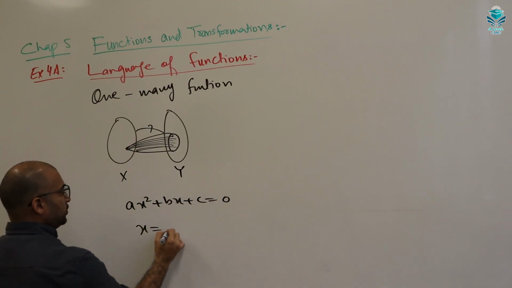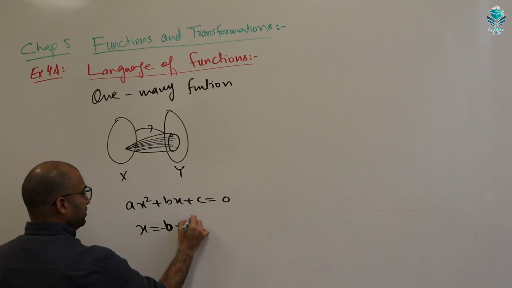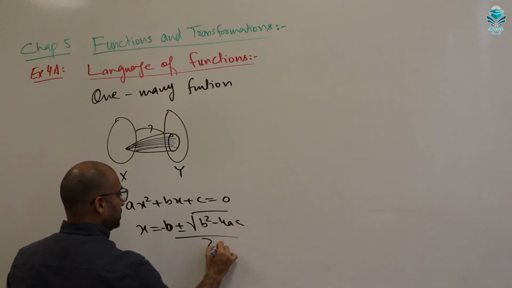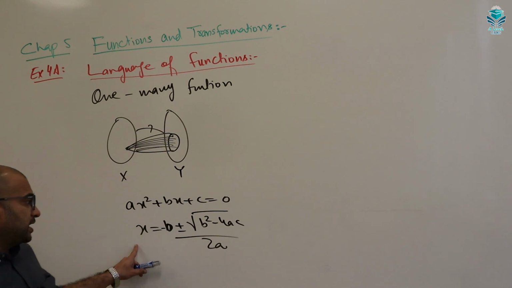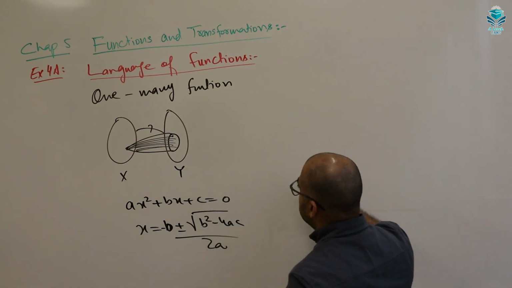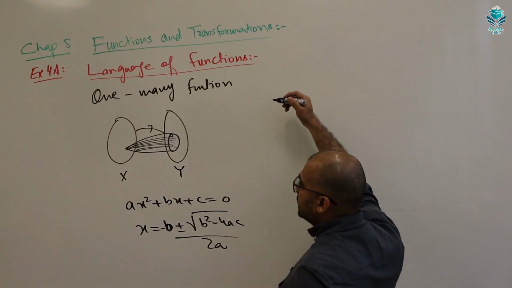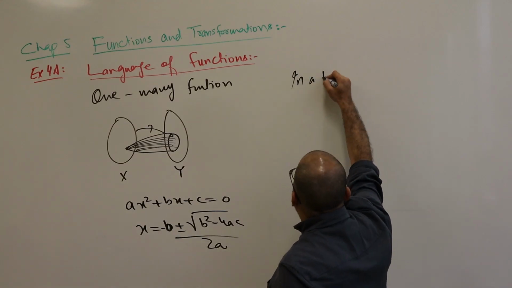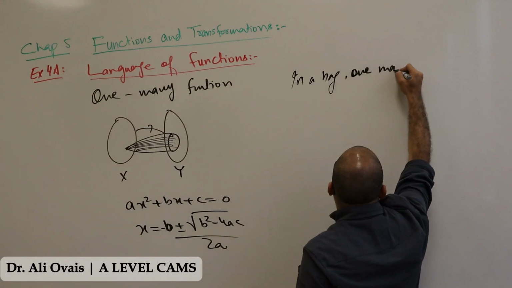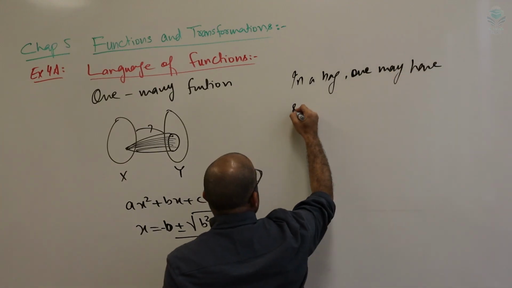If you solve it, you will get x equals minus b plus minus square root of b square minus 4ac, over 2a. So you can see one x maps on two elements. In real life, you can say that in a bag, one may have several things.